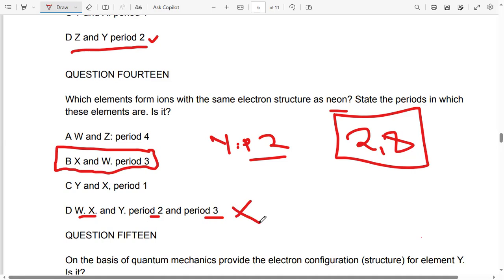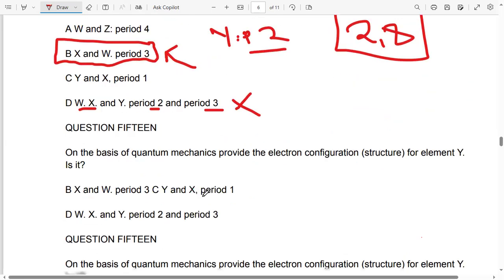So this is false, because we know that Y is in period 2. If it was period 3 and then period 2, we would have accepted the answer. But there's nothing matching the Y, while the X and W are there. So we pick B as our best answer.